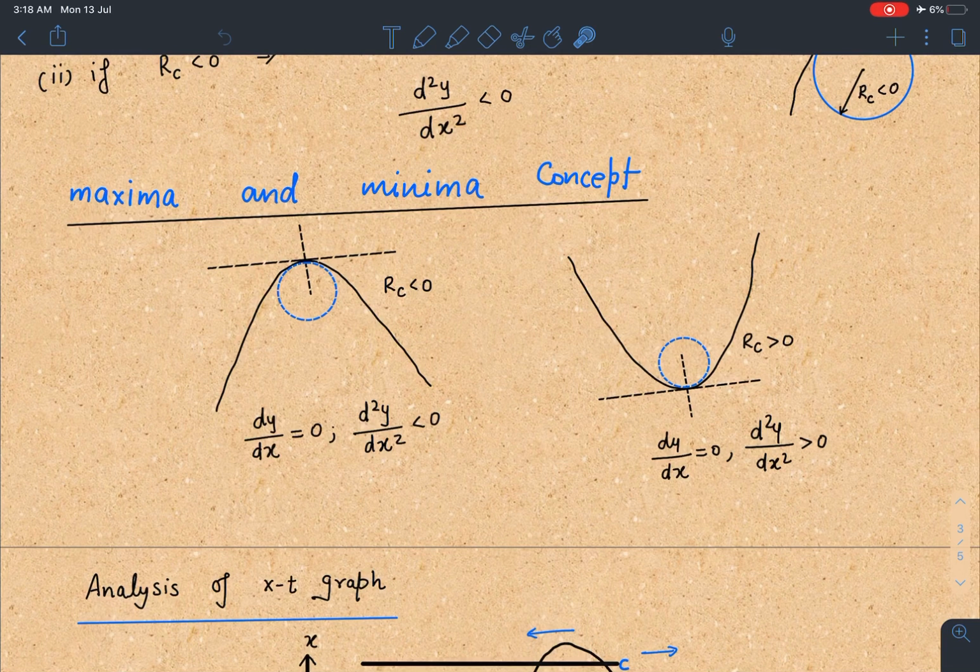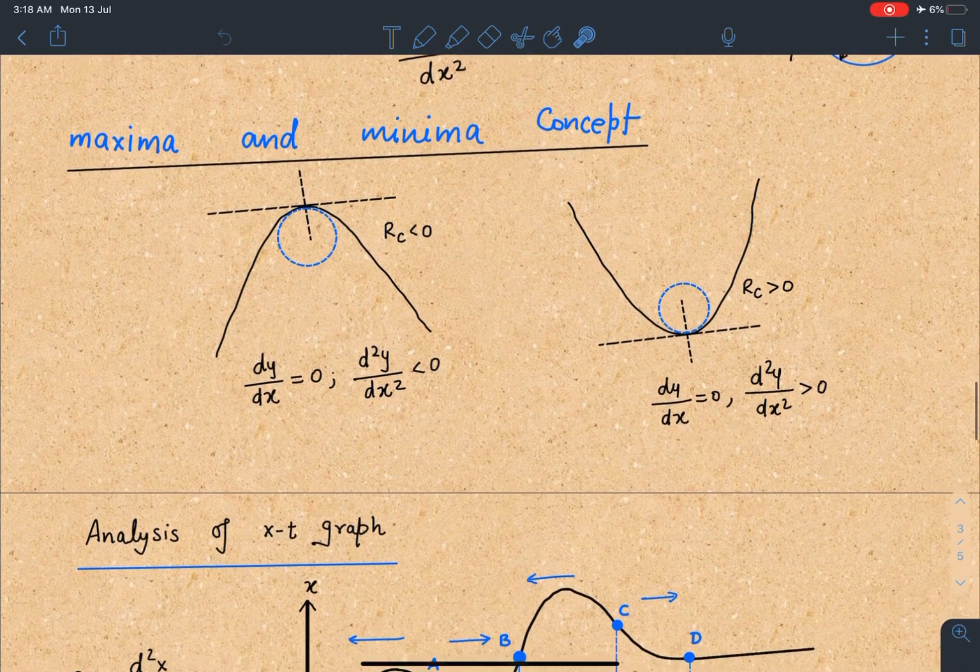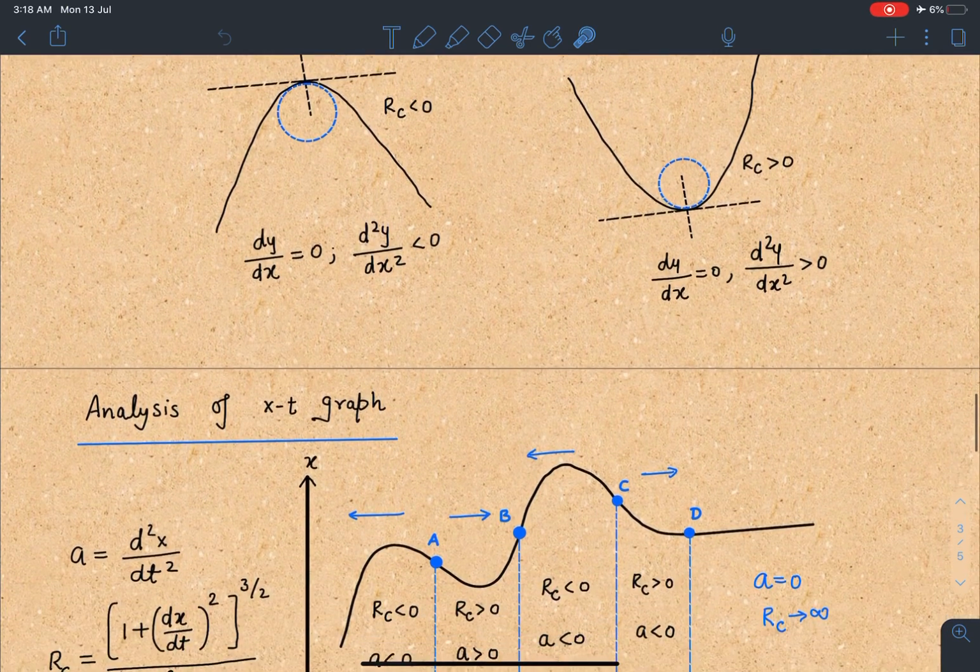So I hope this part is clear to you, how this maximum minimum concept has been derived using radius of curvature. So radius of curvature is going to tell us more about the shape of the function, how that shape is changing. We get the idea from the double derivative, or you can say radius of curvature.